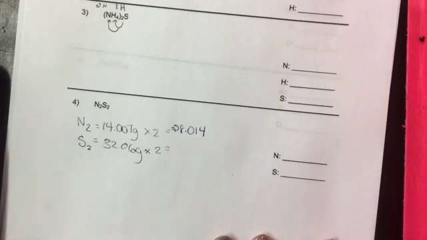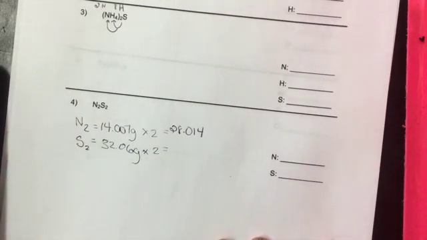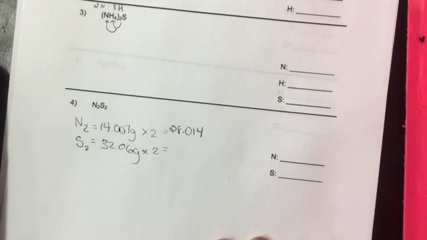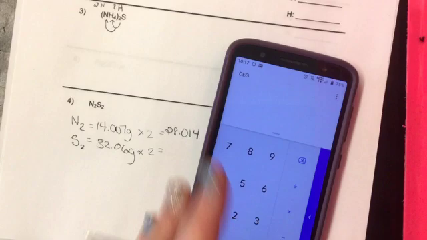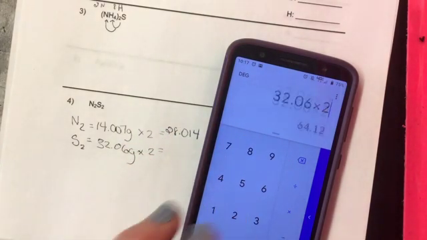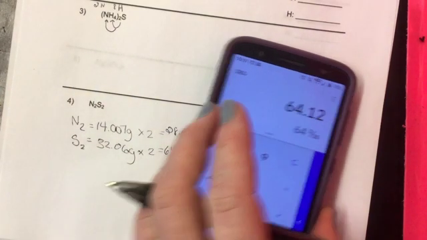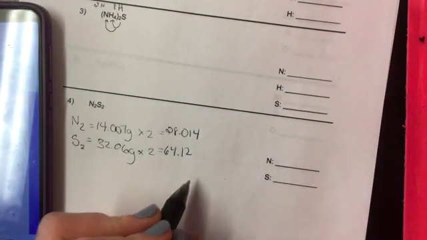It's fantastic. And then, so 32.06 times 2. All right, put that one on the calculator as well, just so you guys can see what I'm doing. 64.12. All right. Then what I'm going to do is I'm going to add these two numbers up.